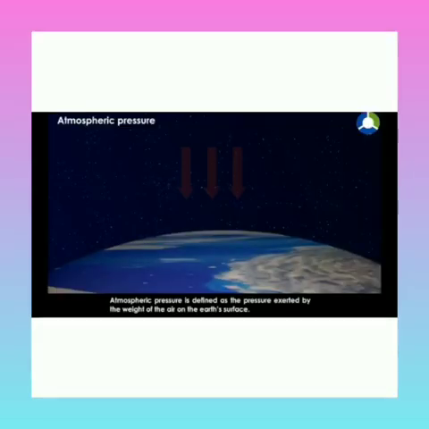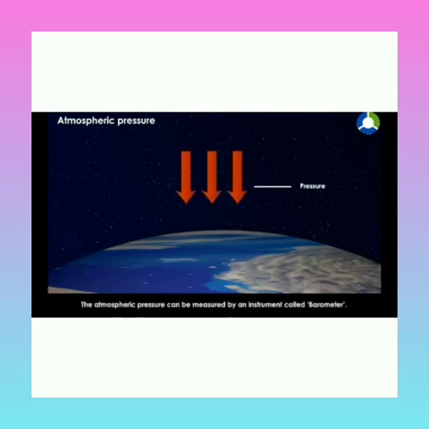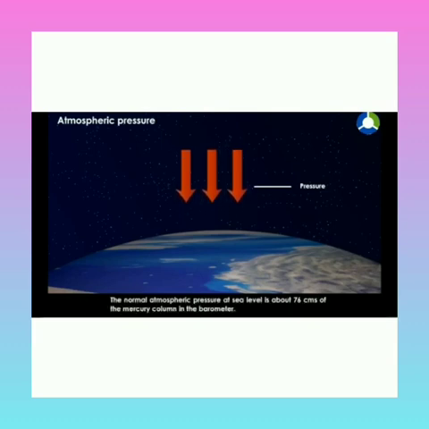Atmospheric pressure is defined as the pressure exerted by the weight of the air on the Earth's surface. It can be measured by an instrument called a barometer. The normal atmospheric pressure at sea level is about 76 centimeters of the mercury column in the barometer.